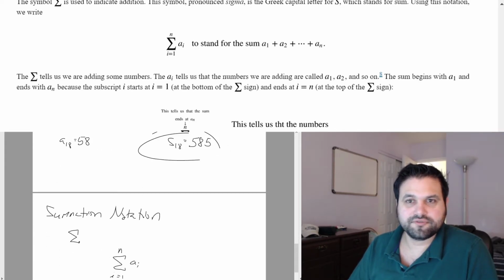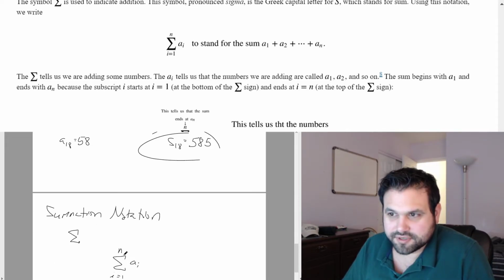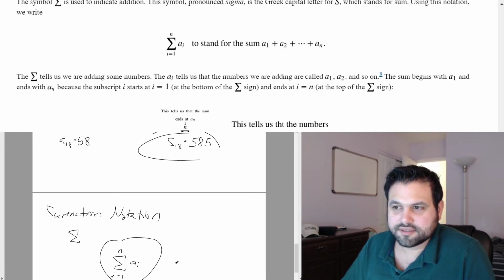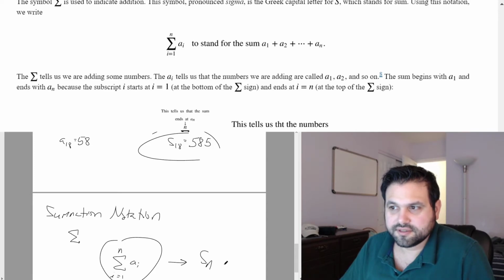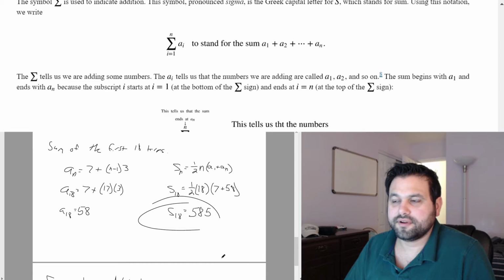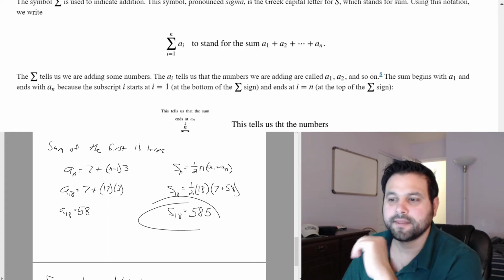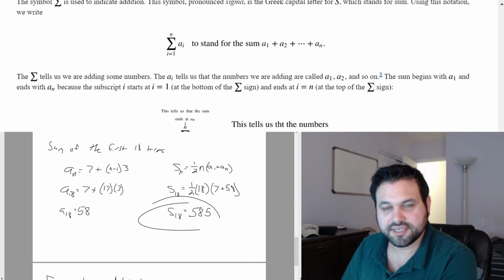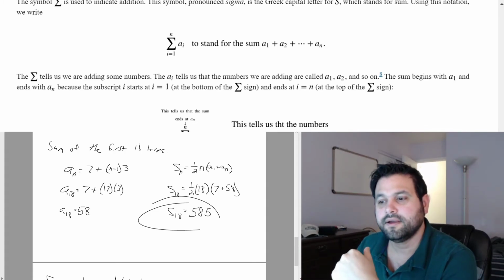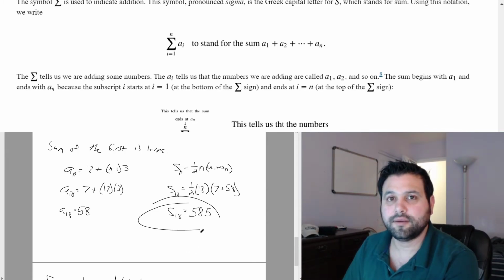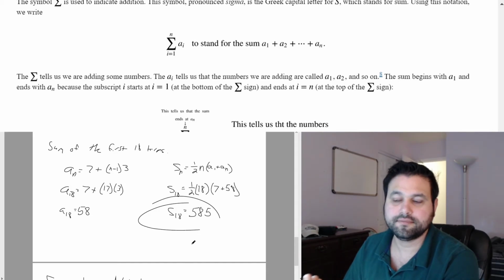Okay, so it's important to remember that this notation means using the summation. Whether it be a linear function here or a geometric function or whatever, because we'll get to that later, whatever the type of sequence is there, we use the appropriate summation formula.